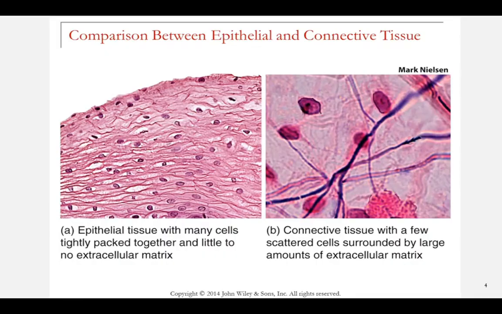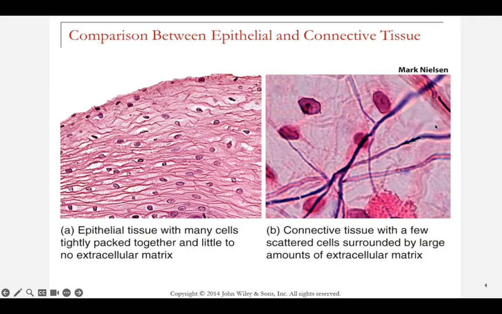So with epithelial tissue, you're really just going to be focusing on the cells, and they're usually going to be really compact. Okay, so you'll see these compact cells. That is what we're seeing here. I can identify that this is a cell because we can see one organelle, the nucleus, here inside that cell.